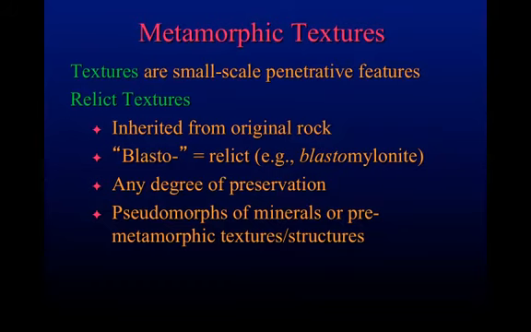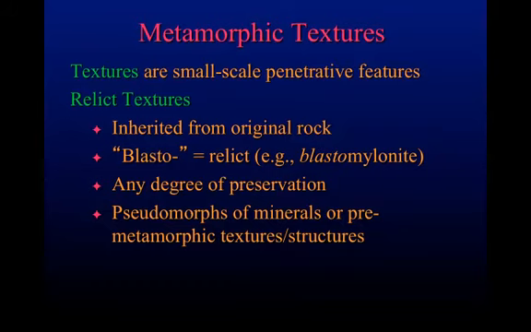The relic textures that you may run across are those that are inherited from the original rock or from an earlier episode of metamorphism. And there's a term blasto, as in blastomylonite, that is indicating that there's a large grain that is relict from an earlier phase in the rock's life. And there can be any degree of preservation of these older textures or minerals.